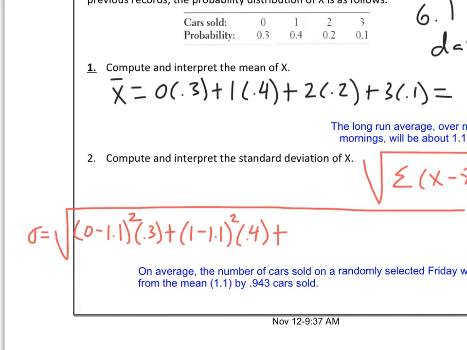Okay? Just to see more of how each part of the calculation is done, I'm just going to keep going. And here's our last one, which was 3 minus 1.1.